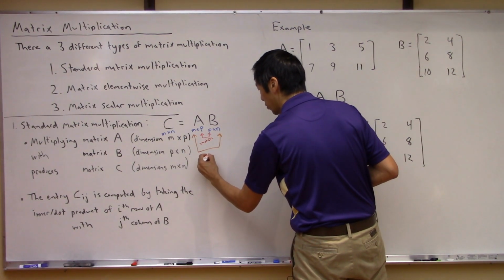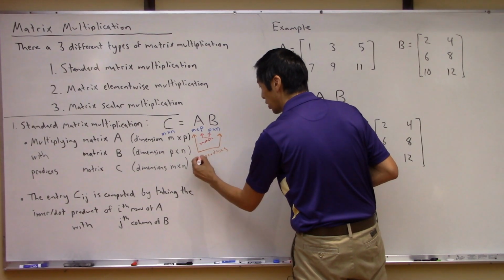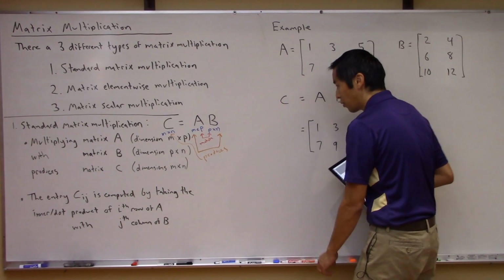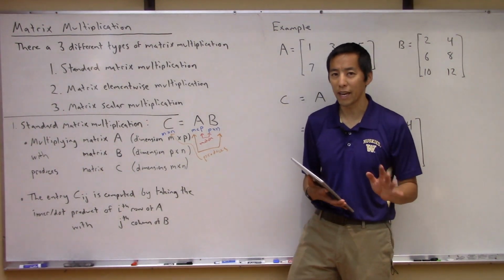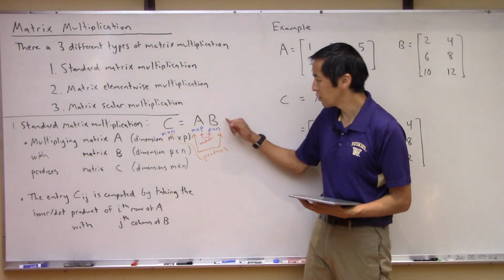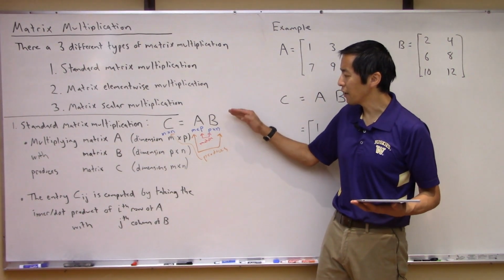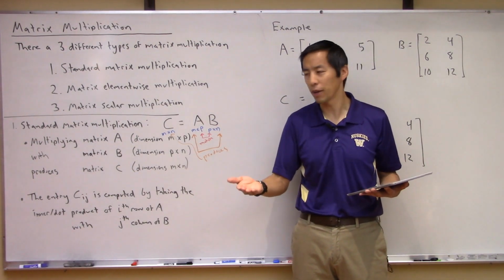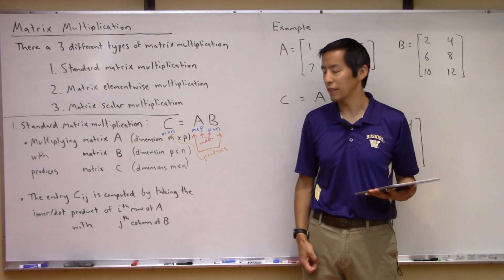So this produces the dimension of C that we see over here. We'll see some examples and you'll see why when we start talking about how matrix multiplication actually operates. For now, this is just a quick check to see if the dimensions of A and B are consistent so that you can perform this multiplication to get the matrix C.